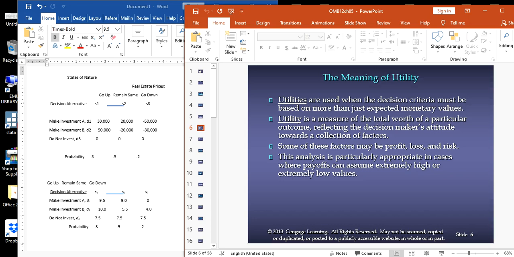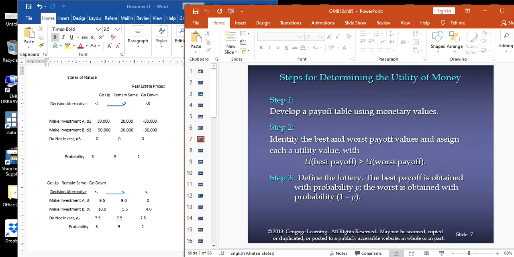Then how does this system work? There are many steps for this. First of all, we develop a payoff table using monetary values as it's given here. Okay? Second, identify the best and worst payoffs and assign each a utility value, with utility of best payoff greater than utility of worst payoff.